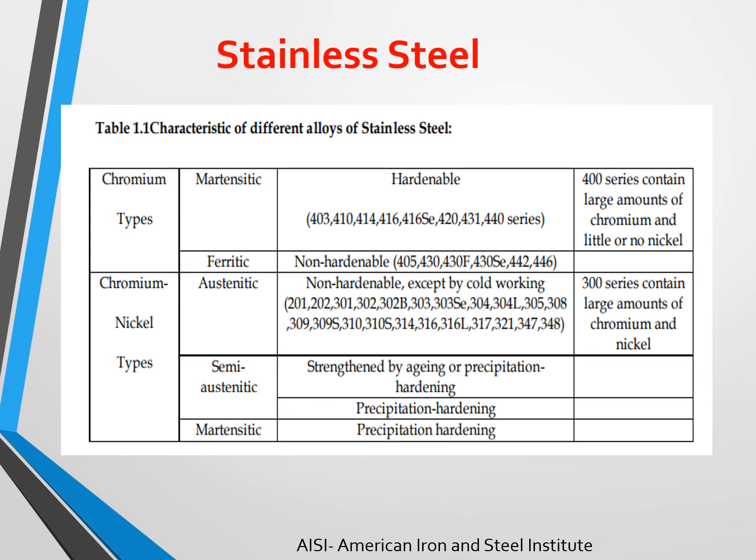Chromium-nickel types of alloy like austenitic are non-hardenable, except by cold working: 200 series and 300 series contain large amounts of chromium and nickel. The semi-austenitic and martensitic types are precipitation hardening, strengthened by aging. So these are the characteristics of different alloys of steel.